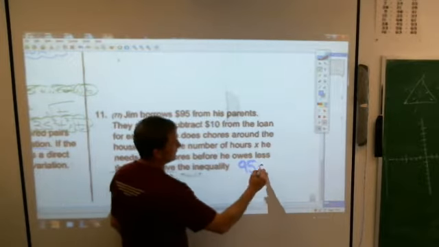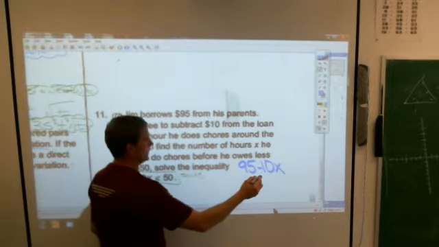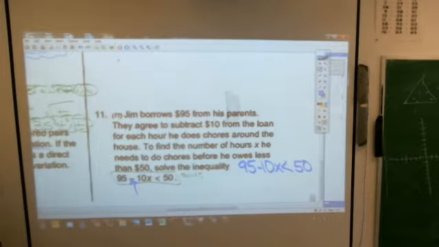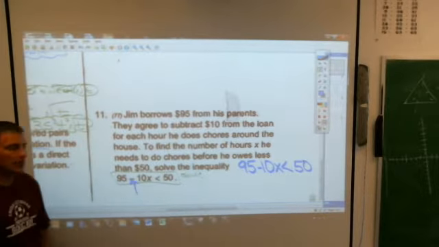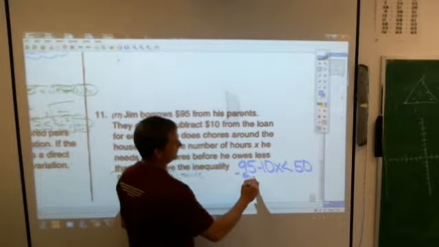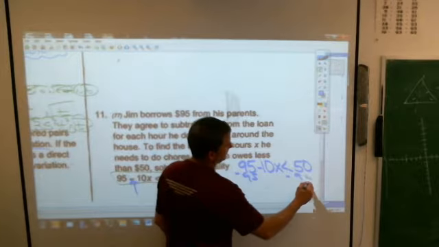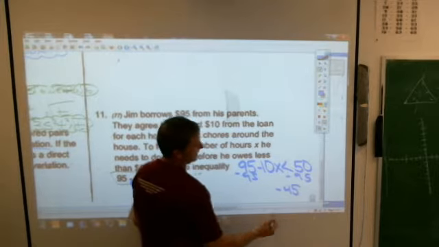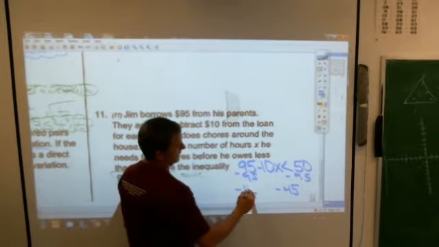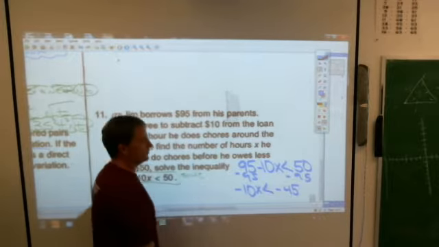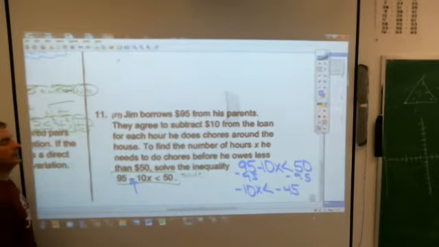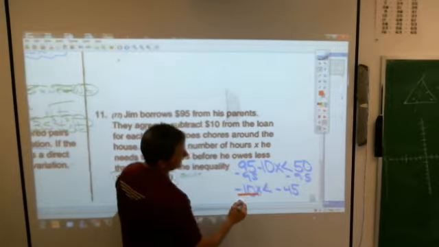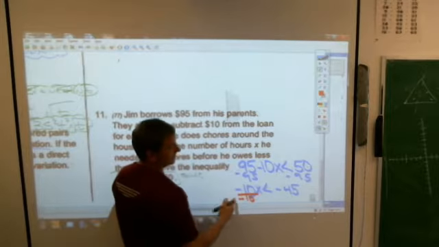95 minus 10x less than 50. First thing, Jason, I want to get x by itself. I will subtract 95, which is not pretty, but it'll happen. If I subtract 95 from 50, I get negative 45. Negative 10x then is still less than that. Here is where the wheels will fall off. To get x by itself, you are then going to divide by a negative 10. You want to make it positive and you want to get it by itself.